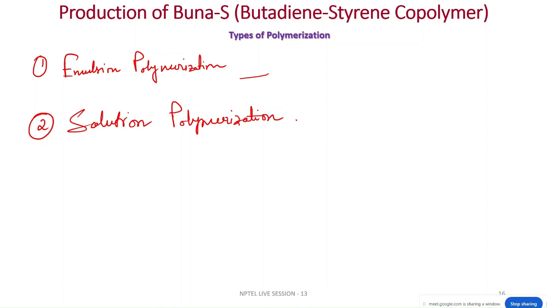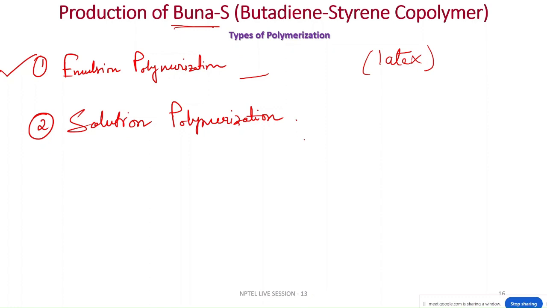The main product of emulsion polymerization is latex, and it is widely used for producing Buna-S or SBR. For coagulating latex we use ionic salts or acid to make the rubber out of the latex form.